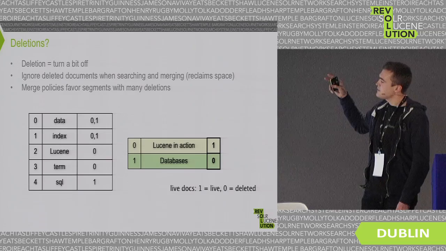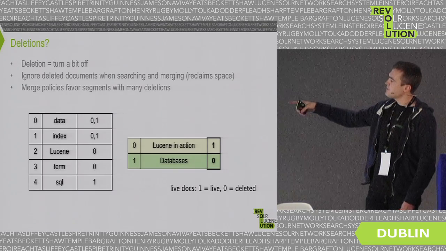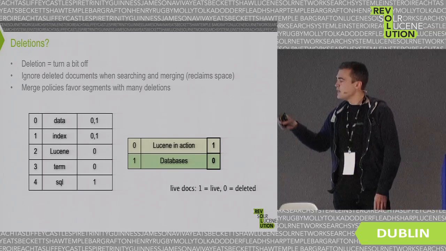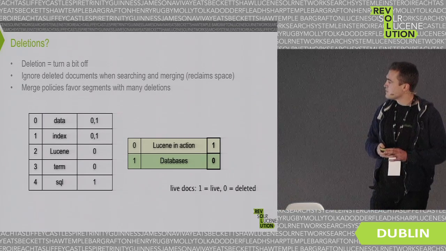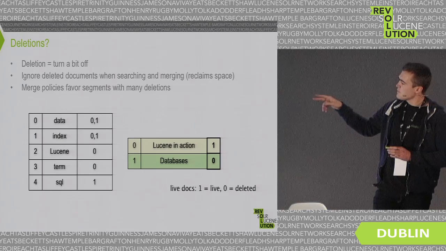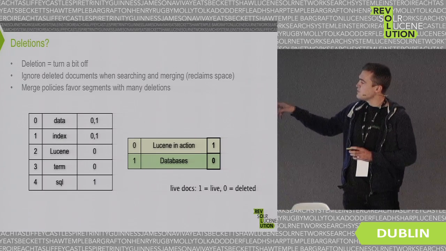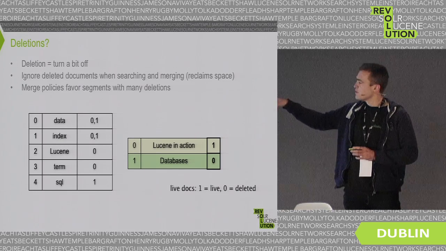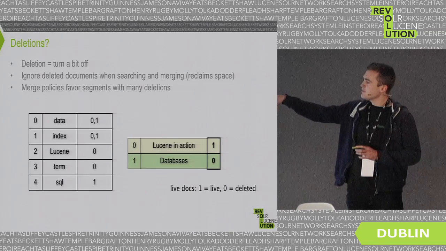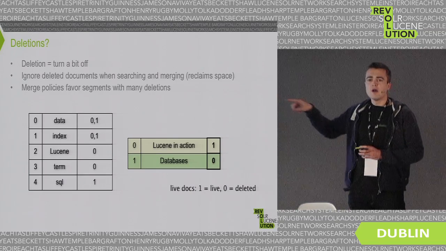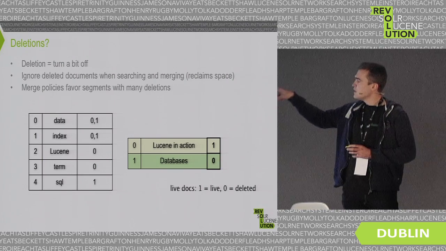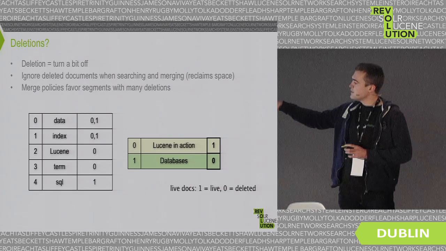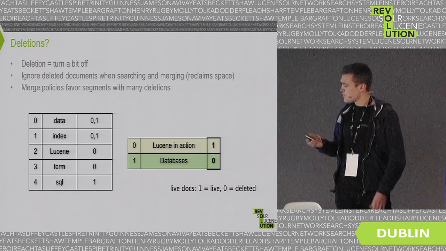If you want to delete the databases book, all you need to do is turn off the bit which is associated with databases. So in this example, databases has been removed, and when Lucene runs a search, it will read the posting list, but it will dynamically remove at search time the documents which are deleted according to the live docs.